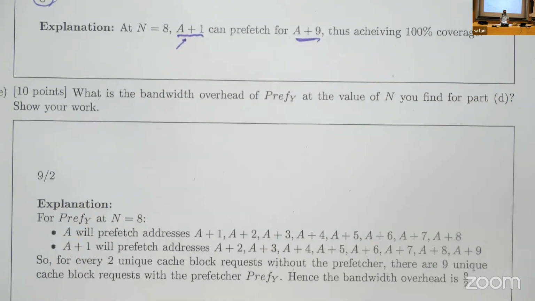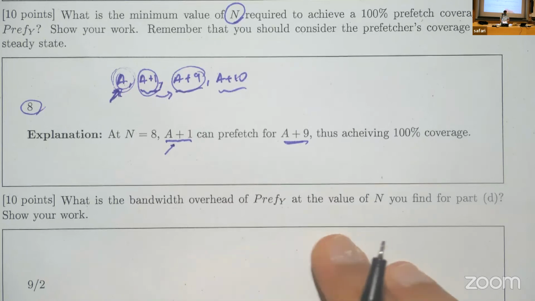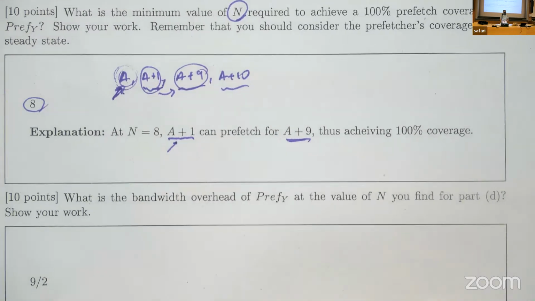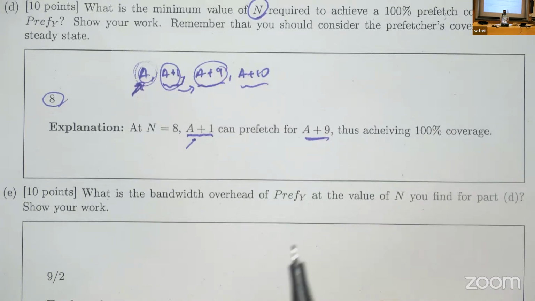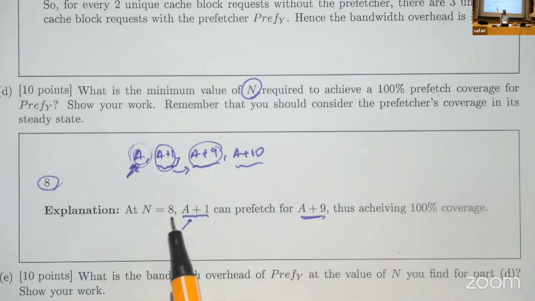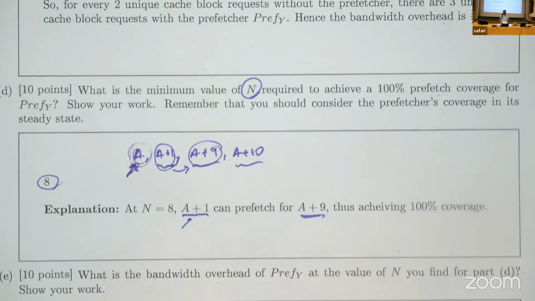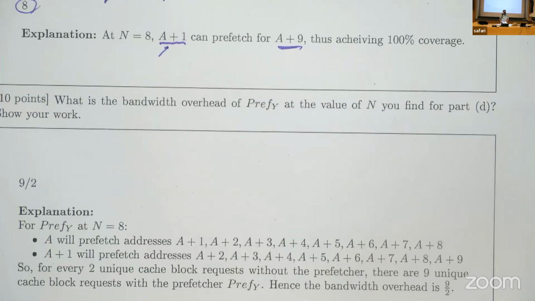So again, this is the bandwidth overhead calculation that we have for this new prefetcher with n of 8. Here again, we need to simulate. I will not simulate, actually, it's already written here.